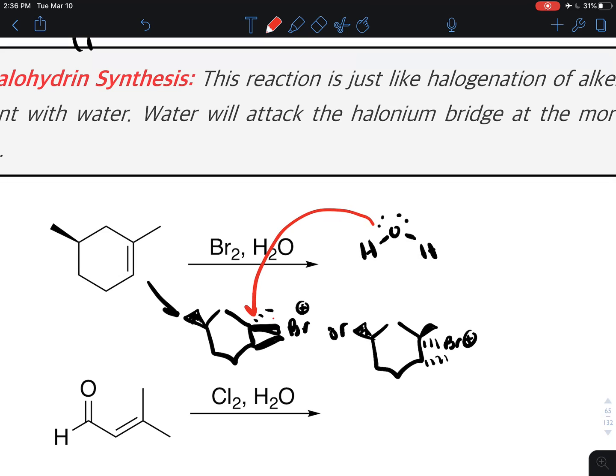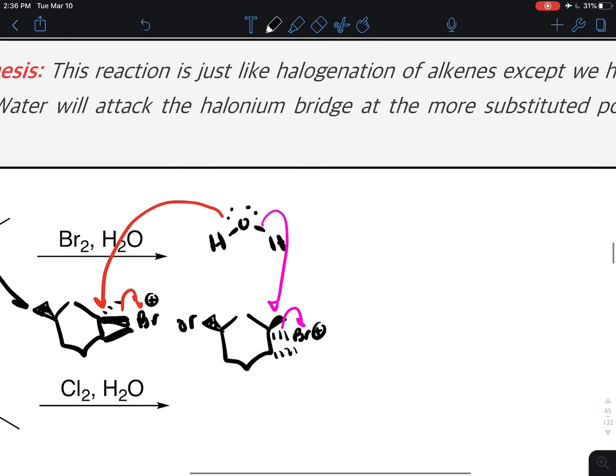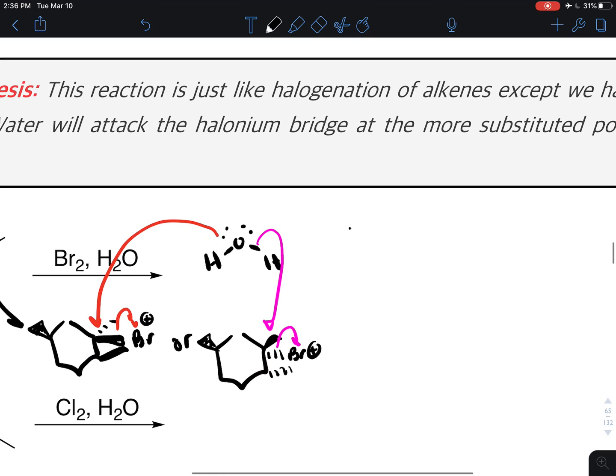So essentially it should be something like that, and it should also be something like that. Okay, so the resulting structures from that would be... oops, I'm sorry, I did this wrong.